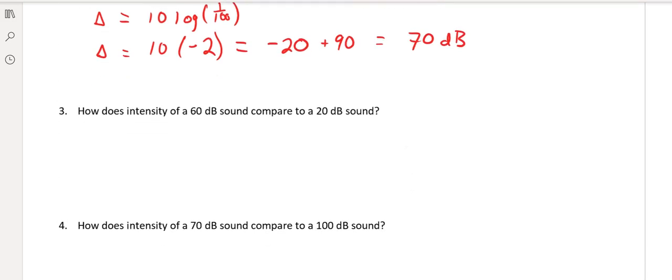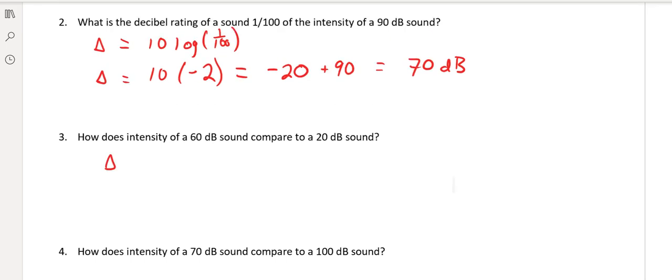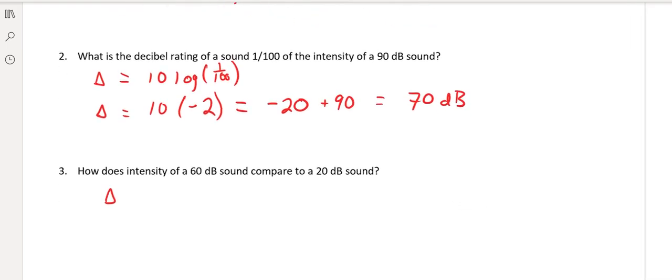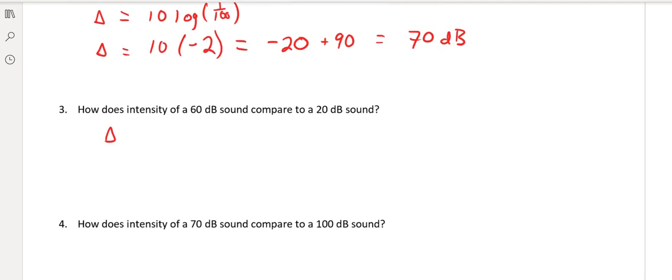Okay. Now, let's try here. How does 60 compare to 20? Now we're going the other direction. So the change is 60, that's what we're at right now, compared to 20. And that would be 40 dB.